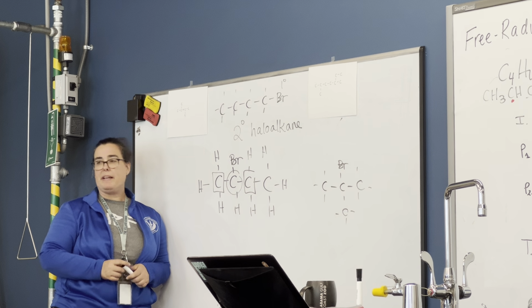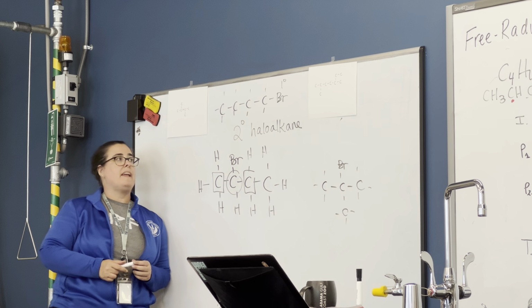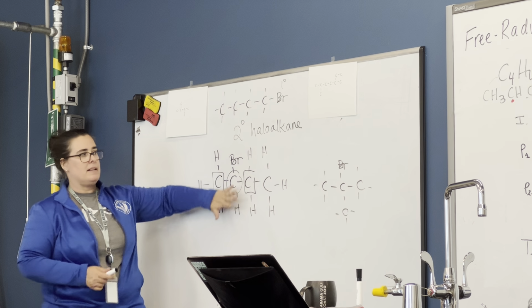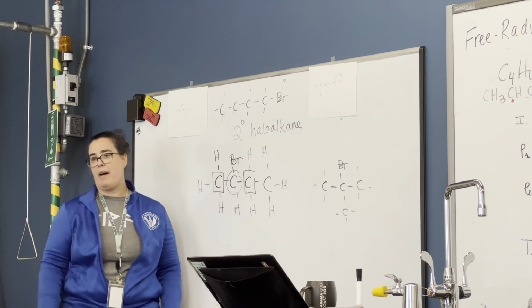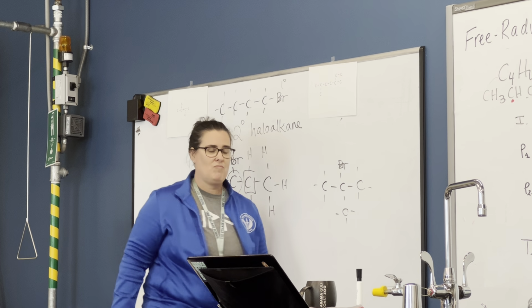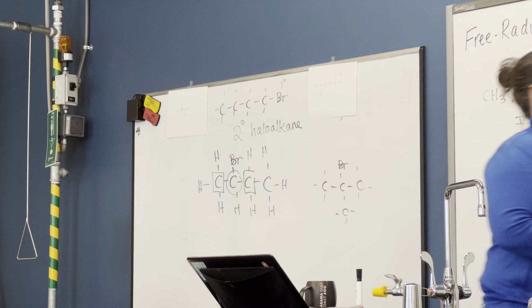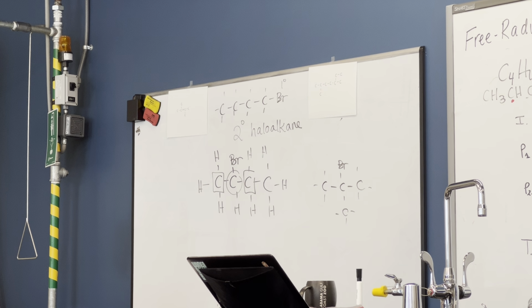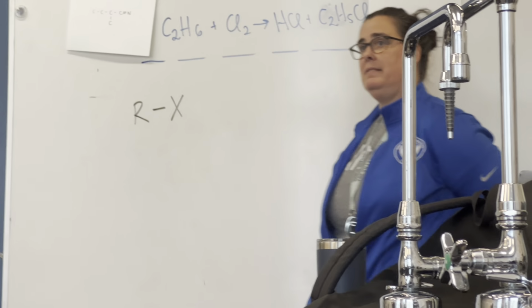So what a lovely place to start. We're gonna learn how to take primary, secondary, and tertiary haloalkanes and turn them into alcohols. Overall, the formula is really easy. We're gonna take a haloalkane.